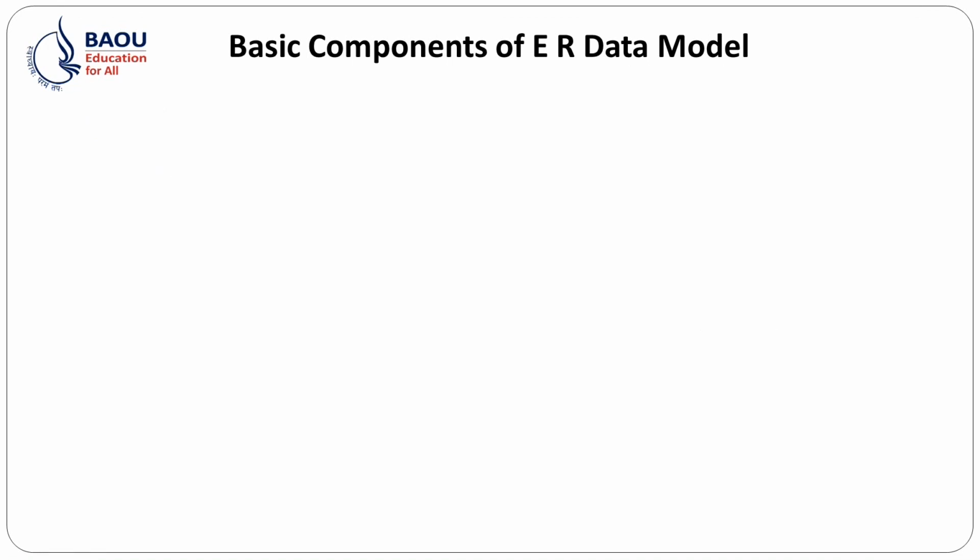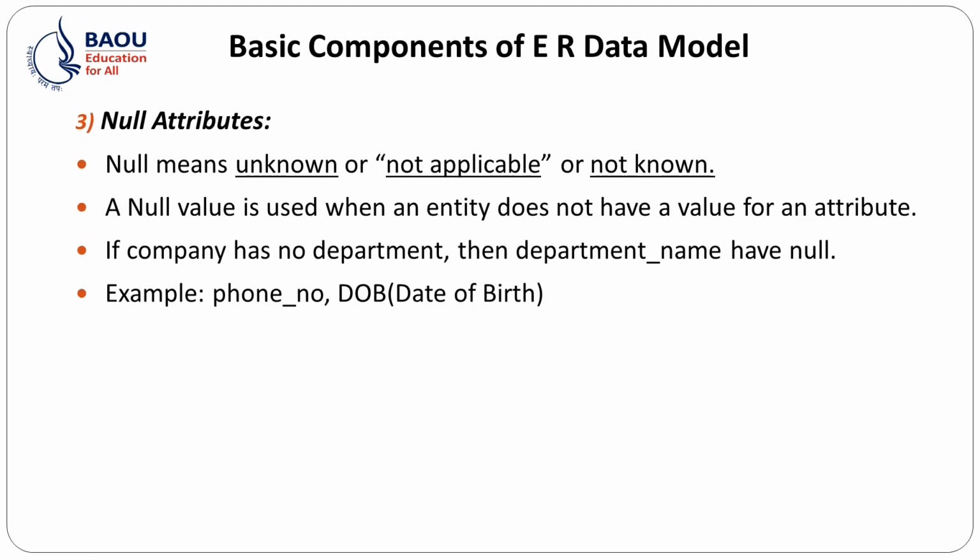Now the next is null attributes and not null attributes. Now what are null attributes? Null means unknown or not applicable or not known. When we don't know the value of a particular column, then we use the null value.